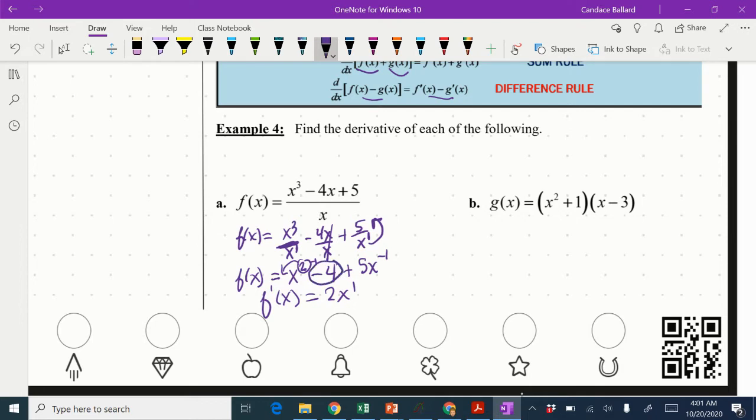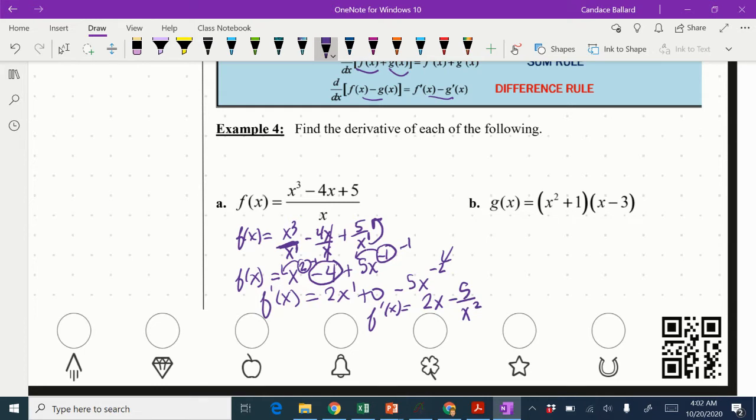We know the derivative of any number is 0. I'm going to take this and bring it to the front, so we've got minus 5x, and I'm going to subtract 1, to the negative 2 power. To clean that up just a little bit, f prime of x equals 2x minus 5, and then bring this back downstairs, it's going to be x to the second.